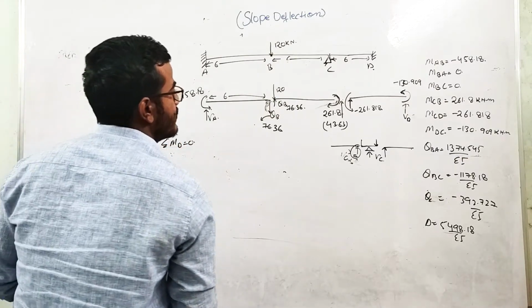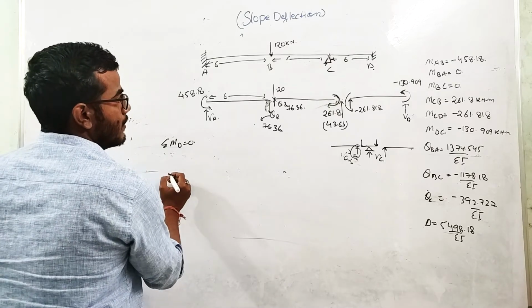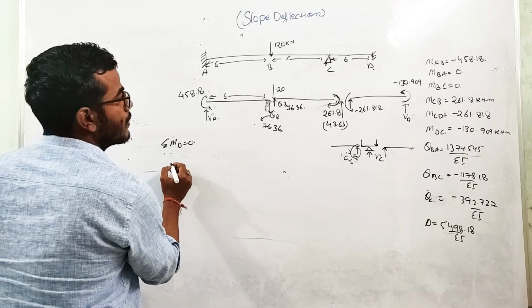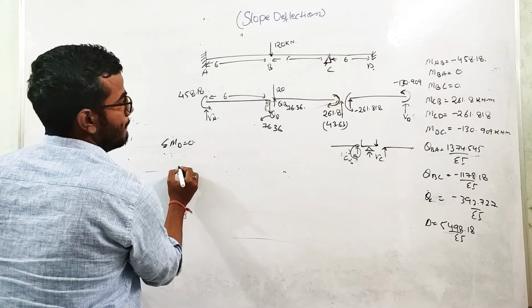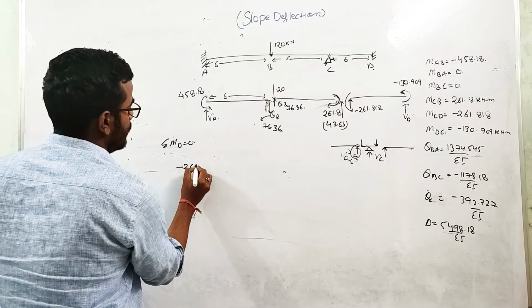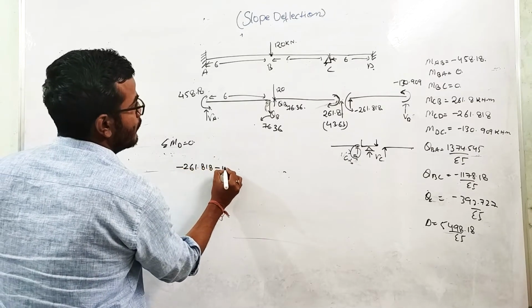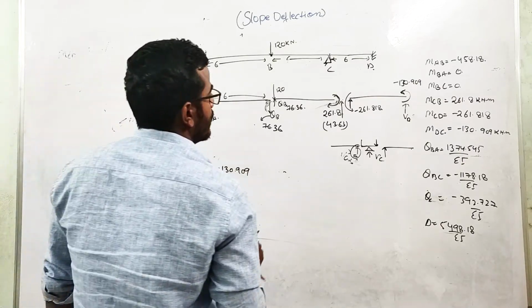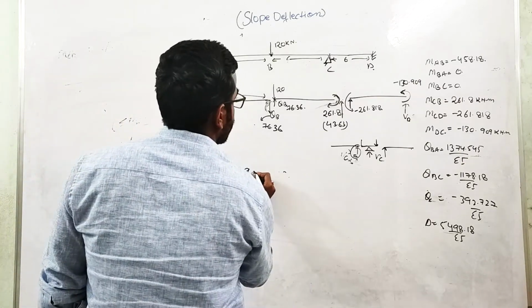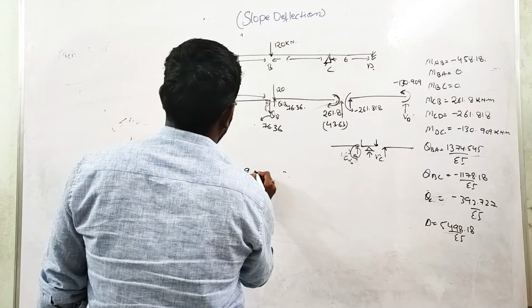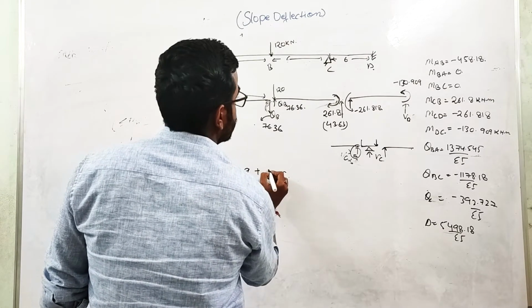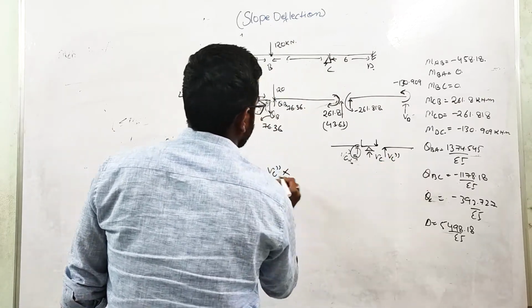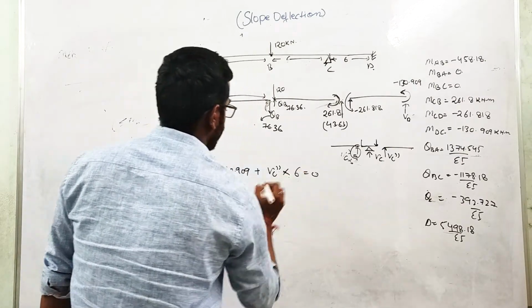From here I can say, minus 261.818 minus 130.909, plus VC double dash, let us suppose this is VC double dash, into 6 equals 0.